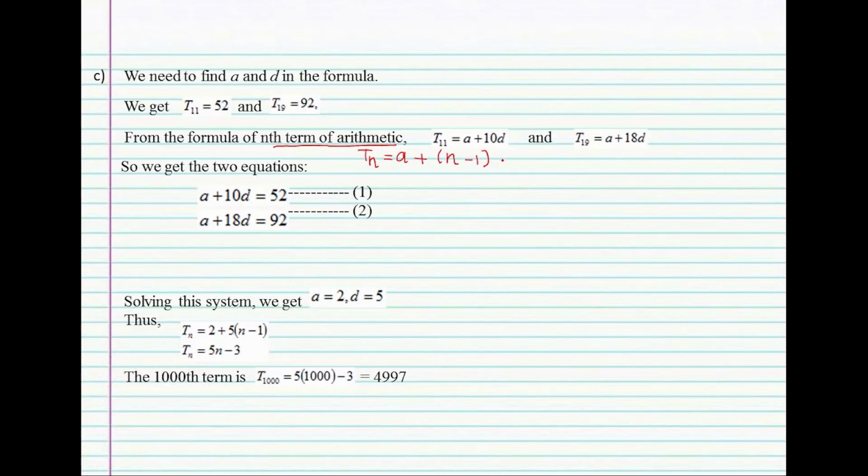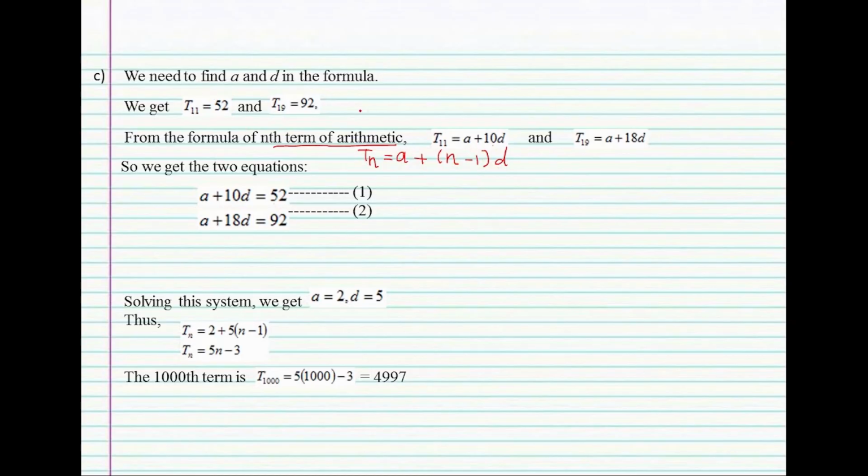By using the formula of the nth term of an arithmetic sequence, which is Tn equals A plus (n minus 1) D, we use the first information first. N equals 11, so 11 minus 1, we've got 10 here, and this equation is equal to 52.